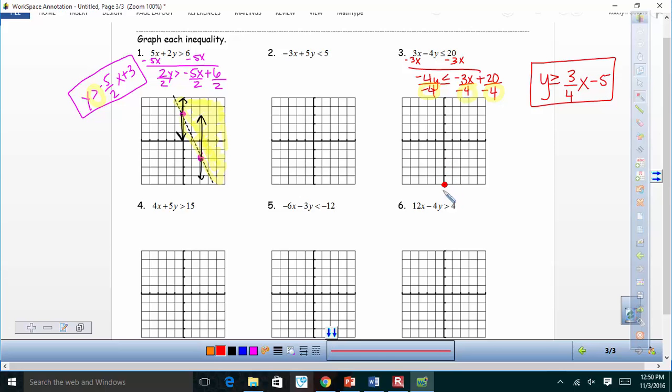And then we graph our slope, so we would go up 1, 2, 3 over 1, 2, 3, 4. Now, looking at this sign, since it's greater than or equal to, would that make it a solid or dotted line? A solid line. So we would want to draw a solid line through our points.